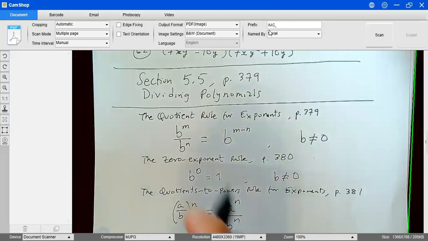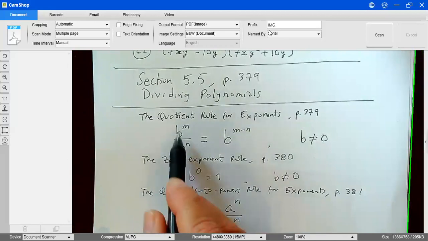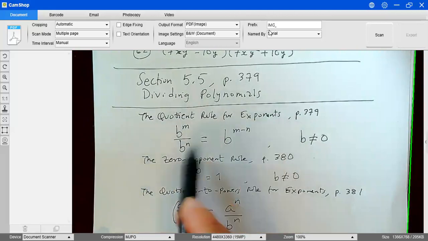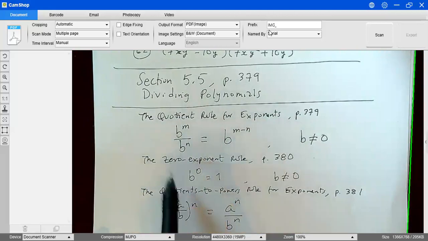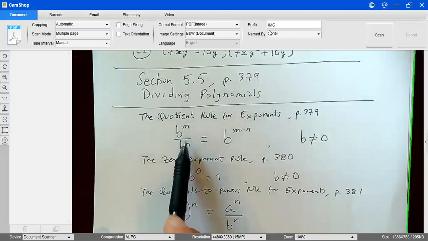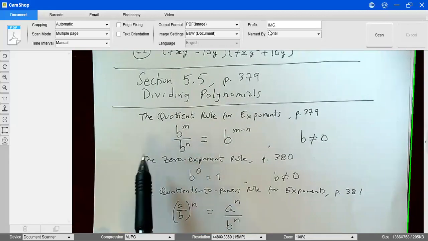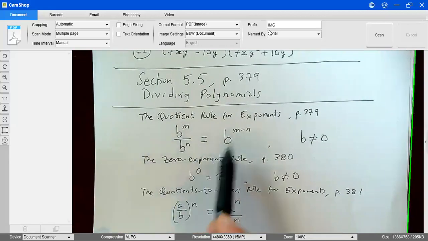So now the quotient rule for exponents is when you are dividing terms that have the same base and just different exponents. So you are dividing two different powers of the same base. You're gonna write the base and then you're gonna subtract the exponents.